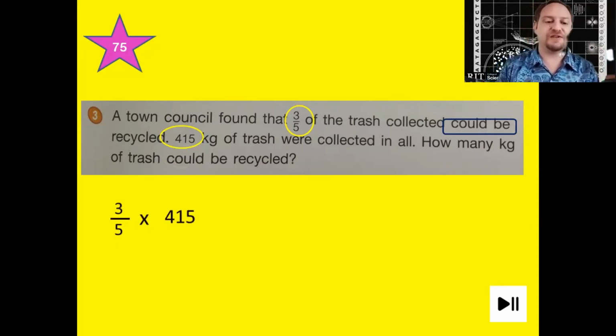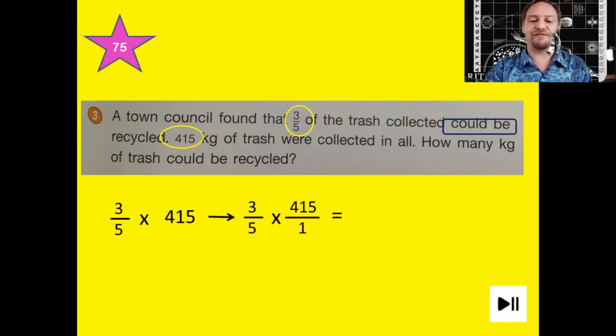So what we're going to do, guys, is 3/5 multiplied by 415 would read as follows. 3/5 times 415/1. Okay, that would give us 1,245/5. So you need to divide that number now by 5, okay?